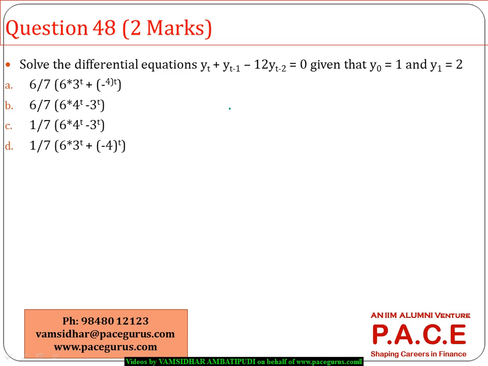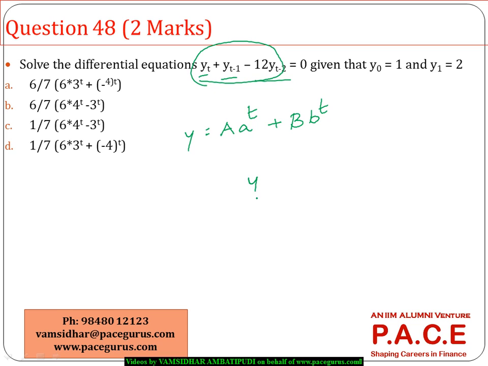So the general solution for this kind of equation would be generally of the form a into a power t plus b into b power t. This would be equated by solving this equation itself.